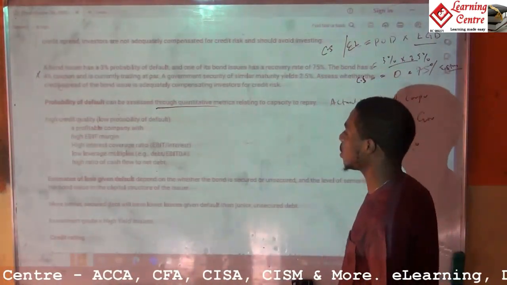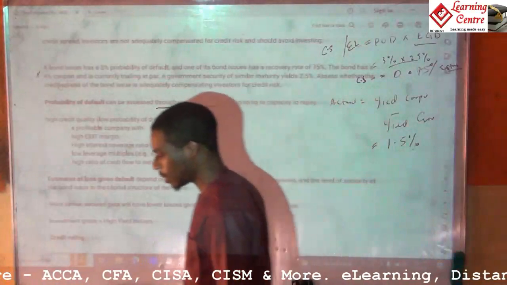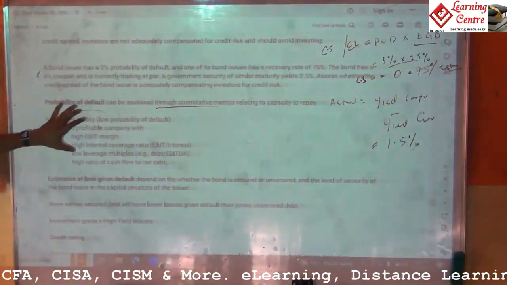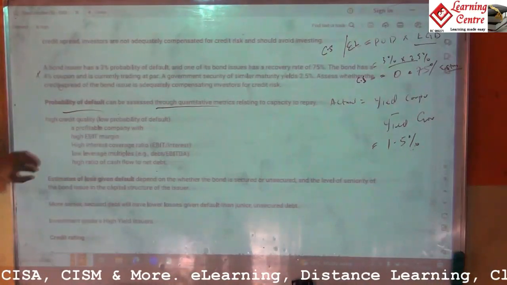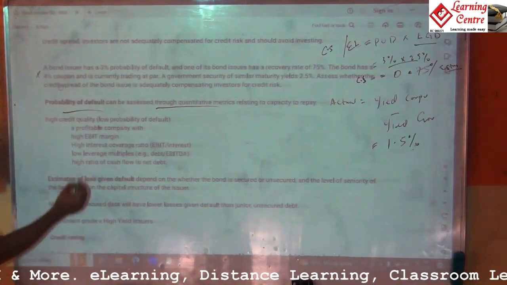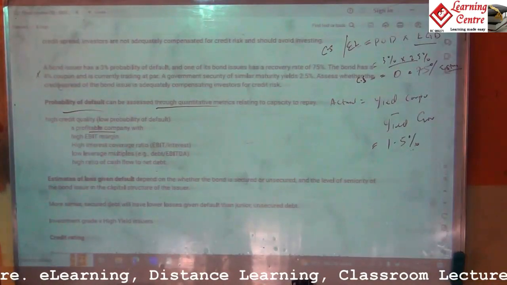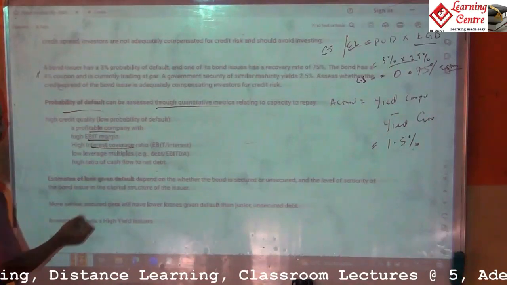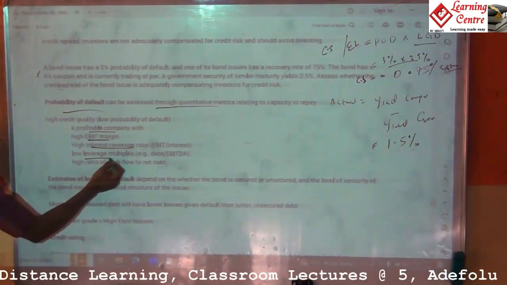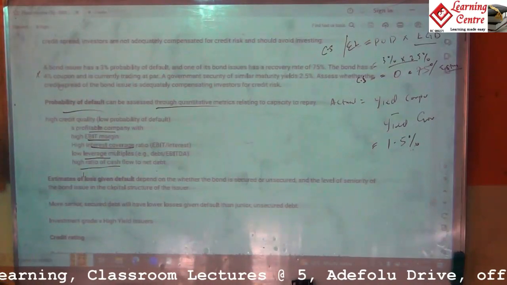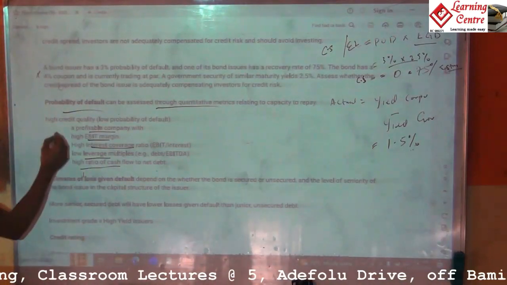Quantitative metrics: how do we compute? Well, we look at all of these metrics. High credit quality will come from a high margin business, interest cover ratio, low leverage, and a high ratio of cash flow. All of this will give us a very high credit quality.